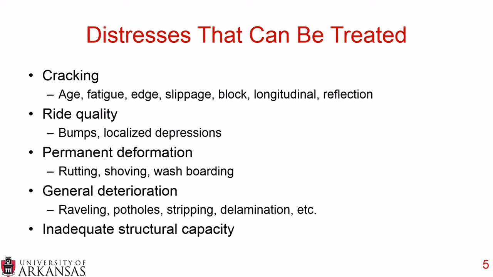All of these distresses can be associated with an inadequate structural capacity. Because you're pulverizing and mixing both bound and unbound material, you're actually increasing the structural capacity of your existing roadway.